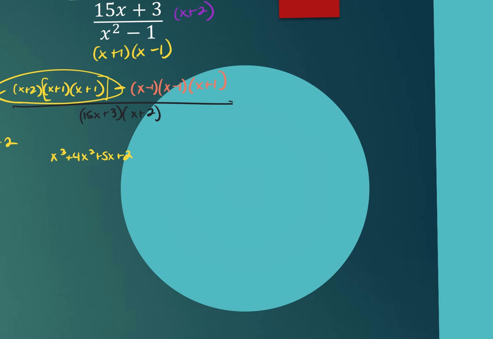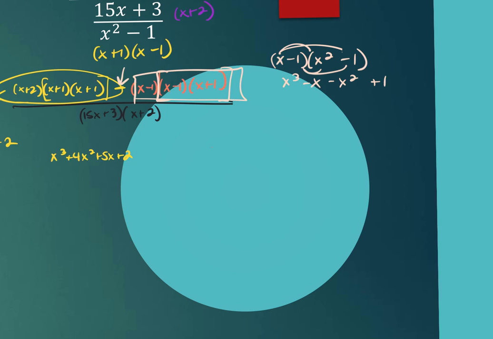Then the one on the right, this is a special product. Well, they're both special products, but if you use this one, it's going to cancel, so it makes it a little bit easier. I'd get x minus 1 times, those are opposites, so x squared minus 1, because you square the first, square the last, and put the minus between them, and then FOIL this out. So this would be x to the third minus x squared plus 1. And that's going to take the place of this whole thing.